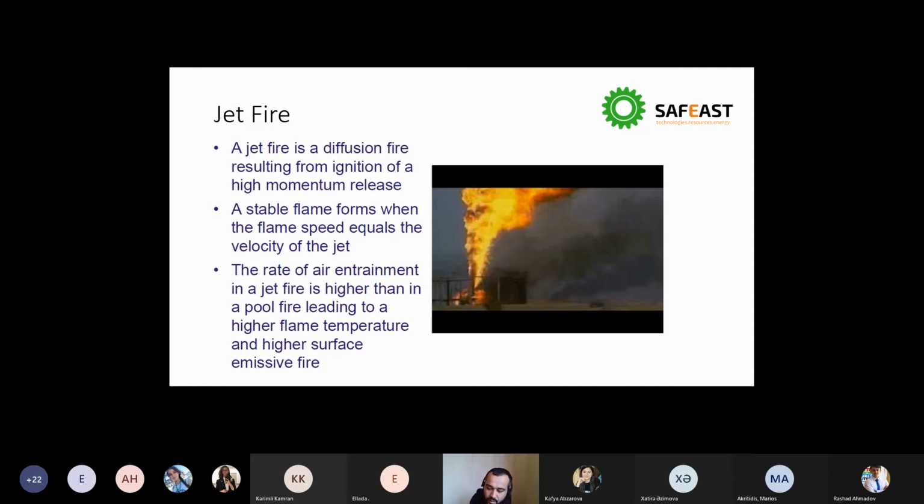You can expect this from its name, it says jet fire. Flame speed usually equals the velocity of the jet, and the rate of air entrainment in a jet fire is higher than in a pool fire. That's why there is a higher surface emissive power. Sometimes jet fires emit surface emissive power 2-3 times more than a pool fire.